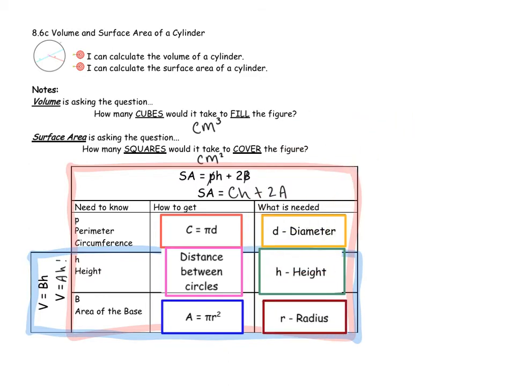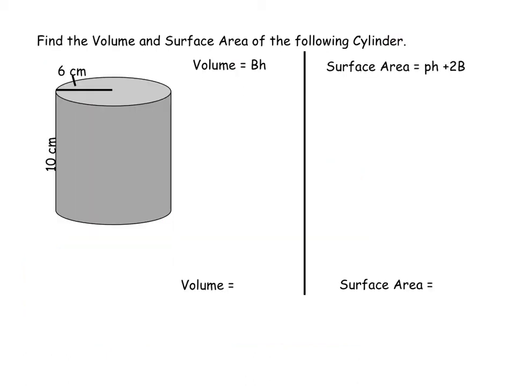All right, there's your filled out table. Let's take a look at some examples. We have a cylinder here, and we are asked to find both the volume and the surface area of the cylinder. Thinking back to our previous table, remember the volume had stuff that the surface area already used. So when we're doing this problem, we're going to start with our surface area.